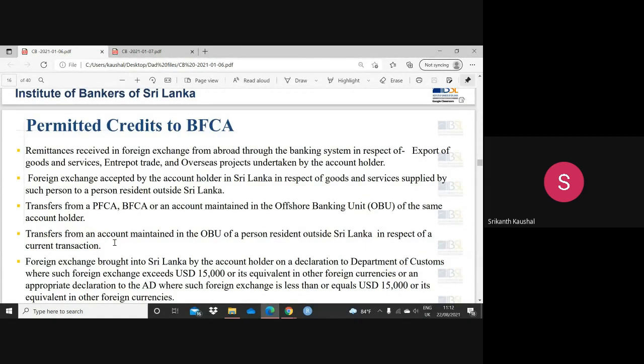Foreign exchange accepted by the account holder in respect of goods supplied by such person to a person resident outside. Sometimes, and this is more relevant to gem merchants, they take the gems and sell them at overseas auctions or trade fairs, and they bring the foreign exchange.